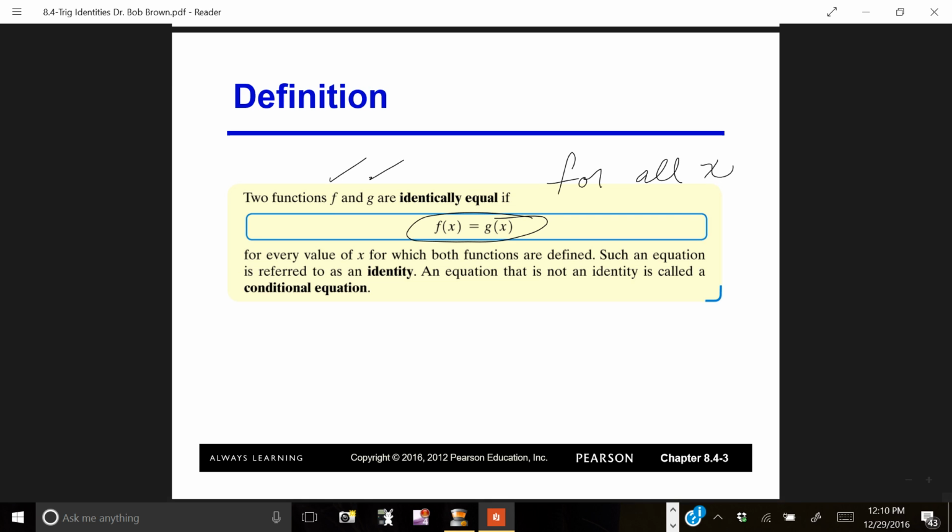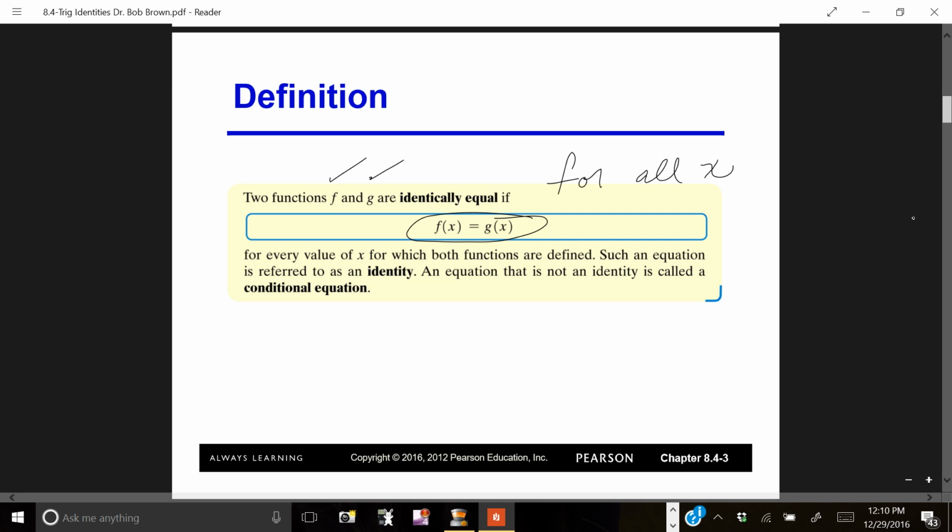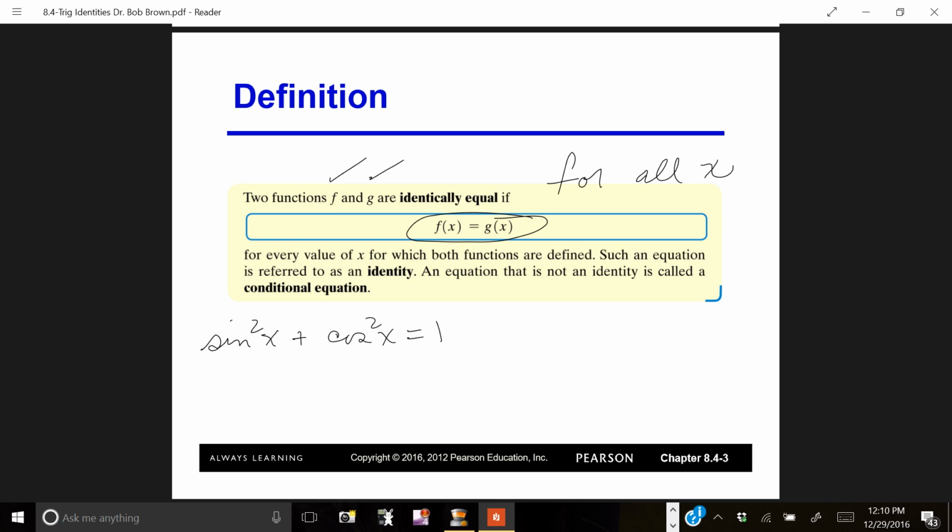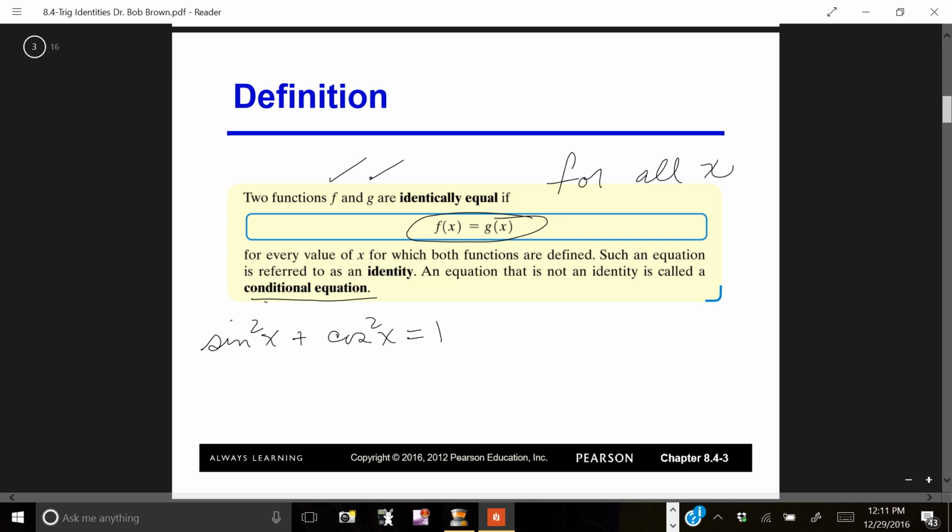For instance, one identity that we know is that sine squared of x plus cosine squared of x equals 1. That's one of the Pythagorean identities. No matter what value of x you put in and then calculate sine squared plus cosine squared, it'll always equal 1.